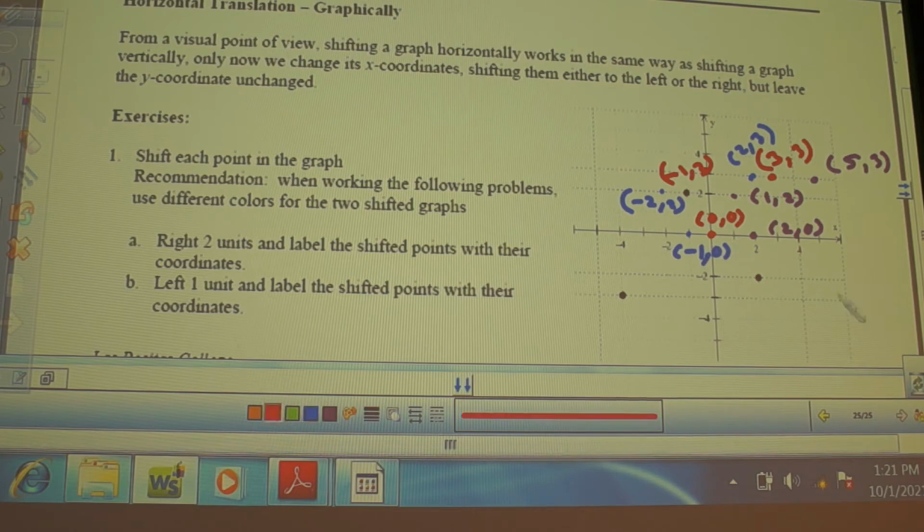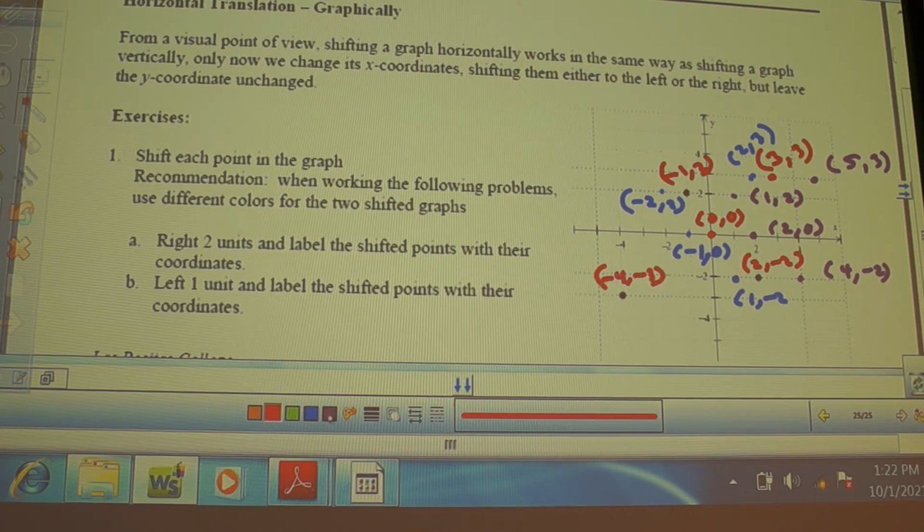And then this one here is 2, -2. So 2 to the right becomes 4, -2. And 1 to the left becomes 1, -2. This guy is -4, -3.